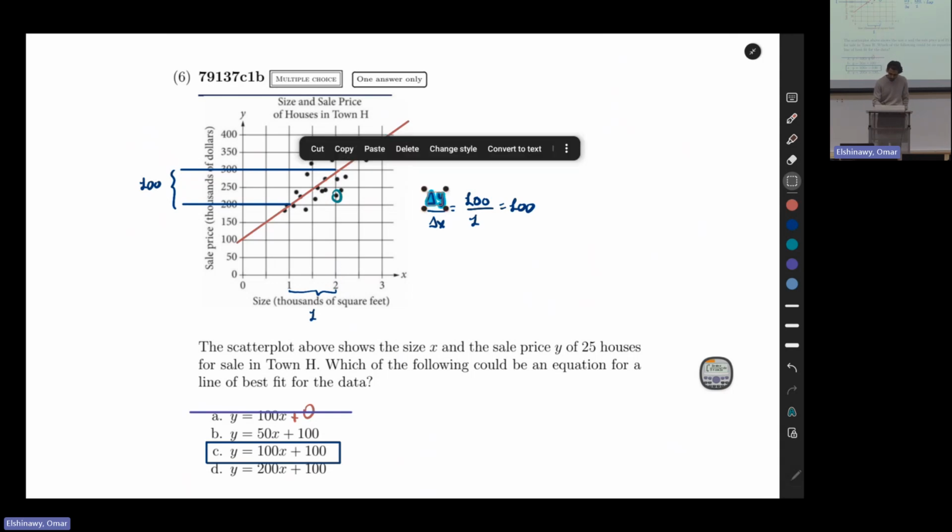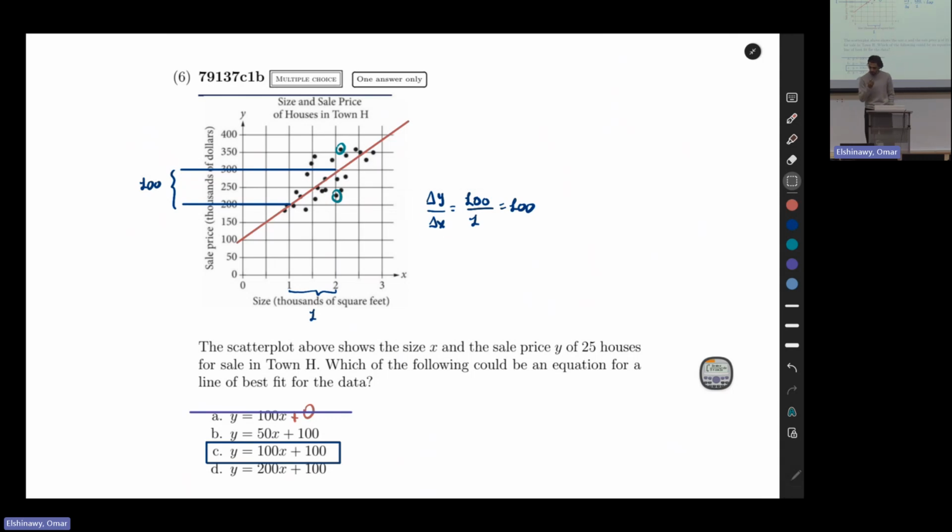The change in y divided by the change in x is the slope. The slope is precisely the rate of change. The other value is the constant, the y-intercept. So the y-intercept is roughly here.